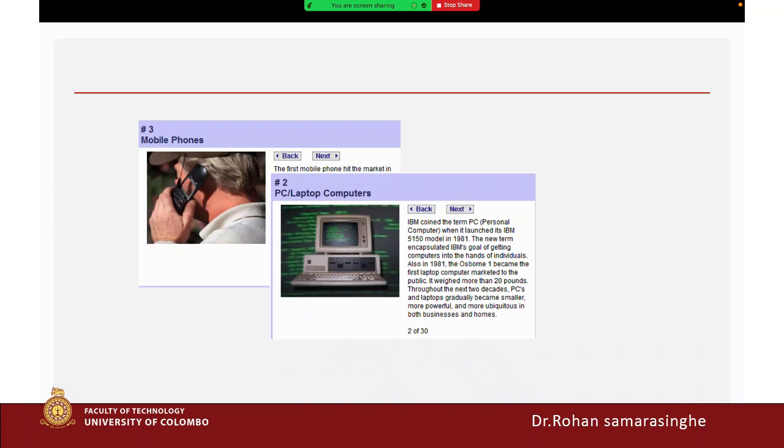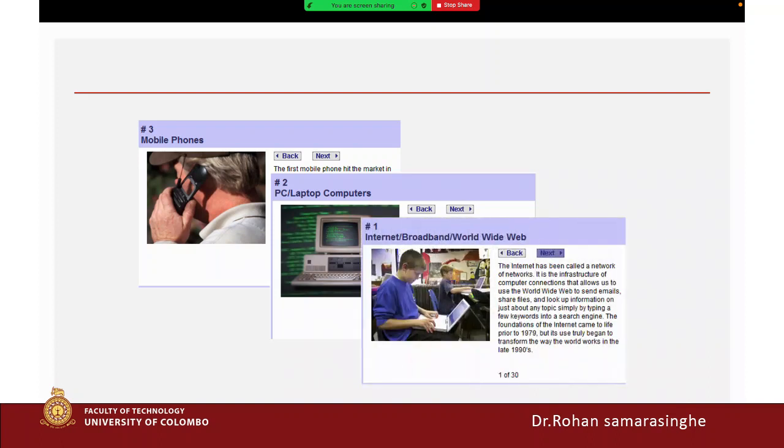So using this touch panel, you can easily dial the number, and you can easily select the person that you want to call, and more functions can be found with the introduction of this operating system, laptop computers. And the most important innovation in the past few decades is the internet, broadband, and World Wide Web.